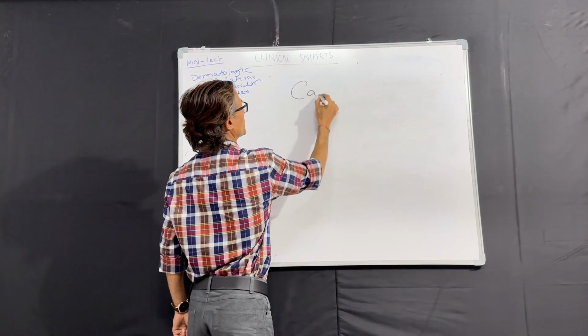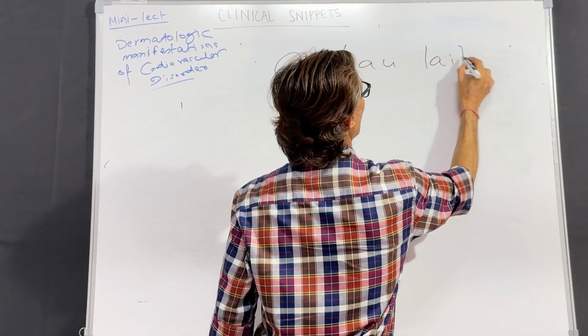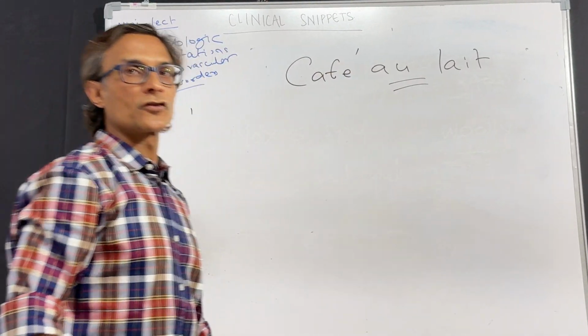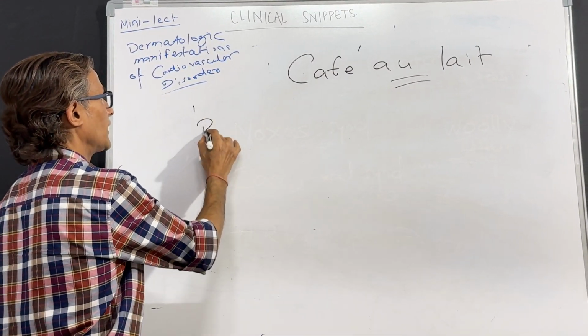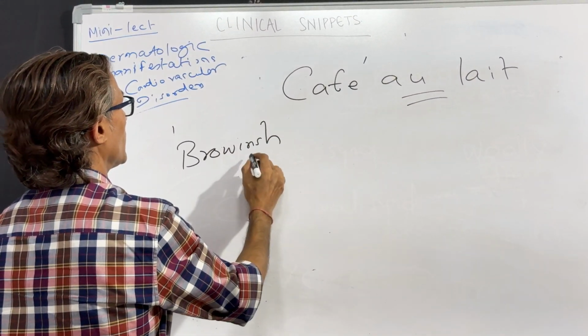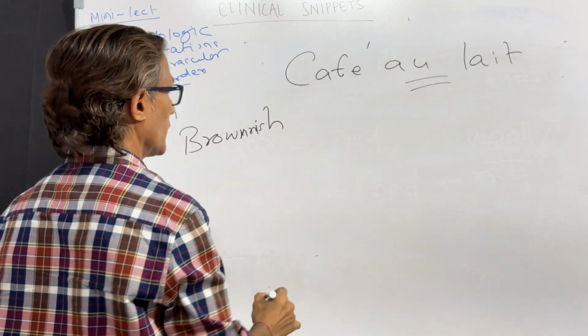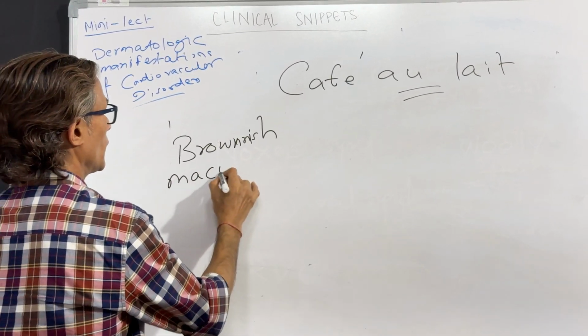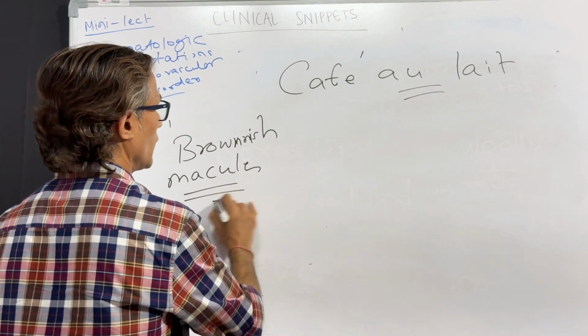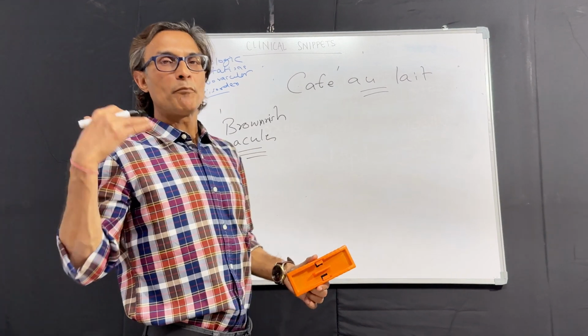Café-au-lait spots. Brownish macules over the body, thighs, trunk, back.